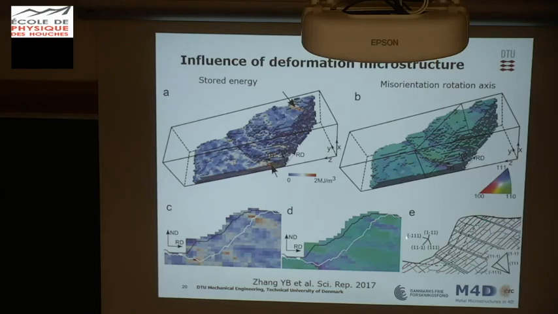And that one clearly has a dominating effect on the boundary migration. Even though the stored energy and misorientation are the same, this has an extra impact on the boundary migration. We have also shown similar behavior from 2D EBSD and other 3D studies.